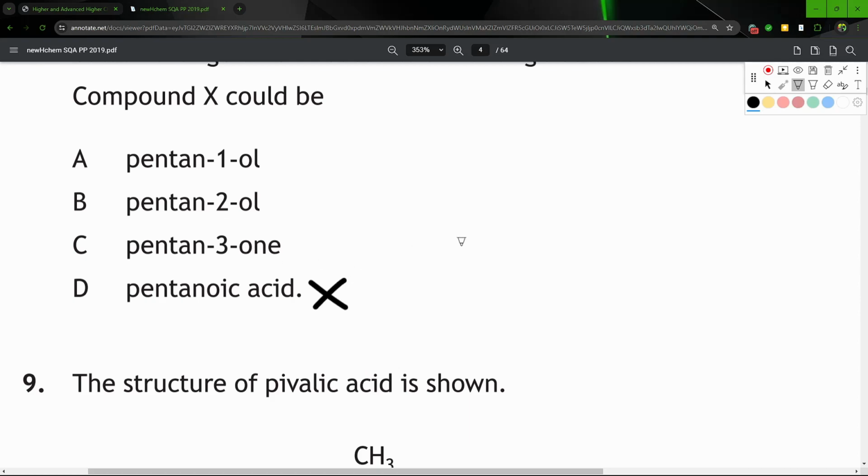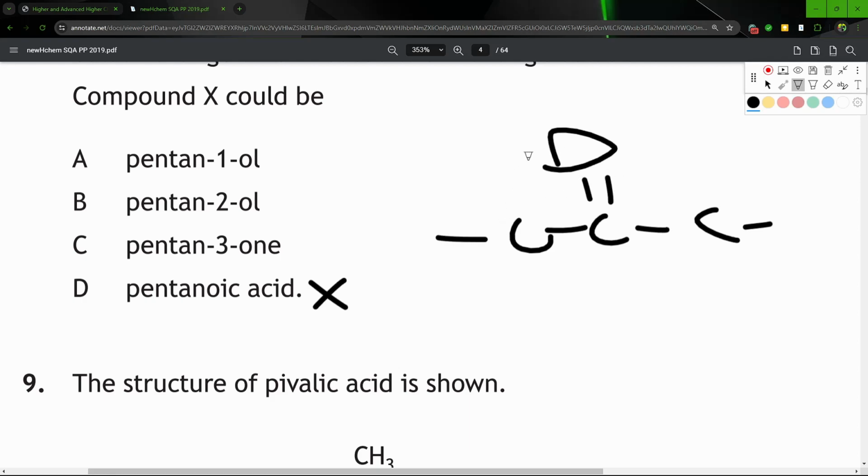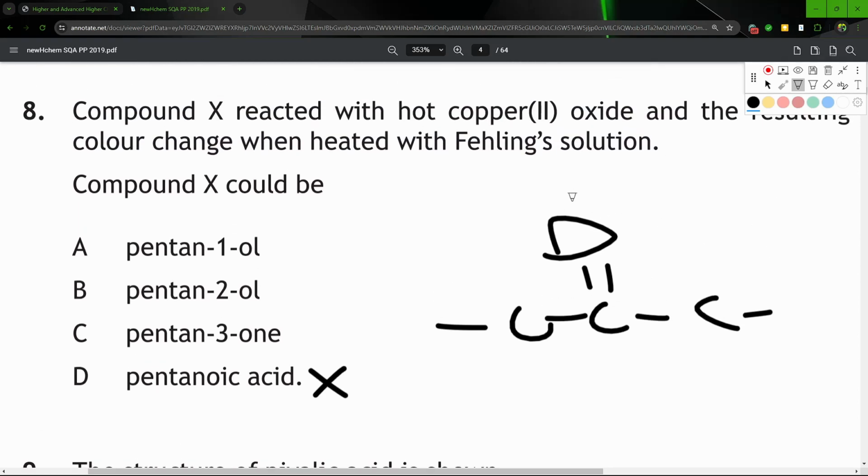Pentan-3-one, that is a ketone. I'll draw the whole thing, but you'd have a carbonyl group in the center. And the thing with that is, if you have a carbonyl group in the center, you can't oxidize it further than this, because there's nowhere for any extra oxygen atoms to go onto. So ketones can't be oxidized further.